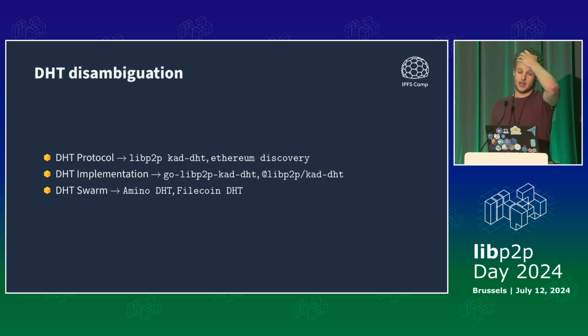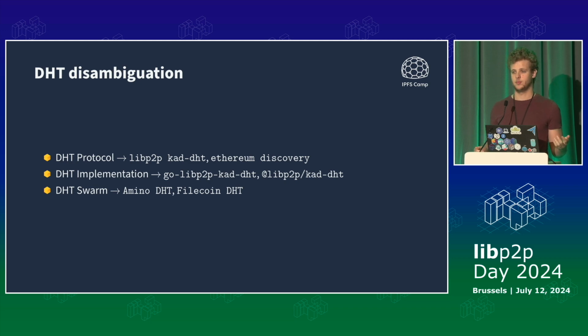And now, just to make sure we're on the same page, to disambiguate what DHT is: we have the DHT protocol, the DHT implementations, and the DHT swarms. The DHT protocol is the spec layer. For instance, it's the libp2p Kademlia DHT that defines the behavior that nodes should have.